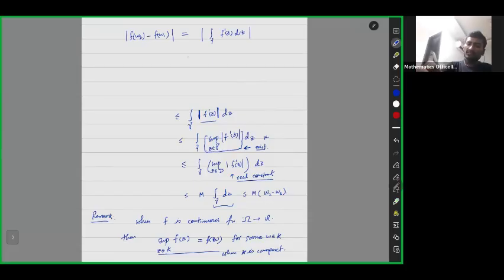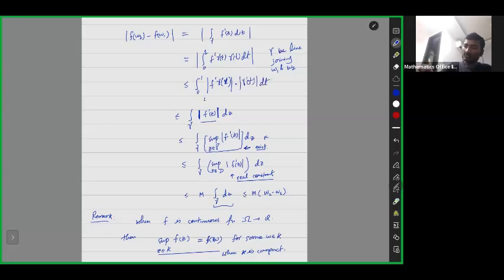So when we explicitly take, let's say, gamma to be the line segment joining w1 and w2, then we can write its integral from 0 to 1 of f prime of gamma t times gamma prime t dt, and then the next step would be this is less than or equal to the integral from 0 to 1 of the modulus of f prime gamma t, times the modulus of gamma prime t, dt.